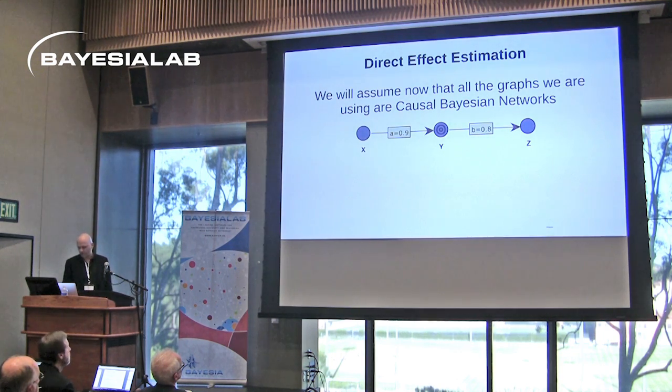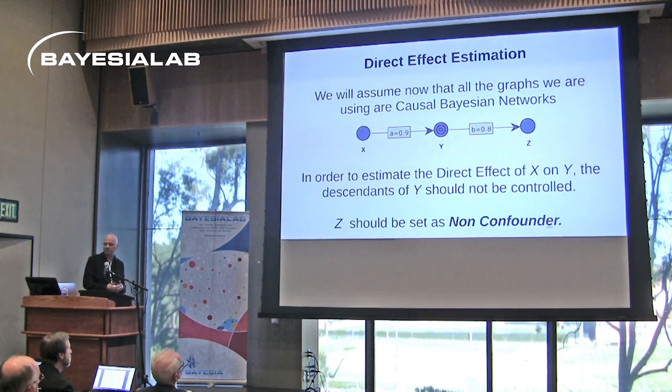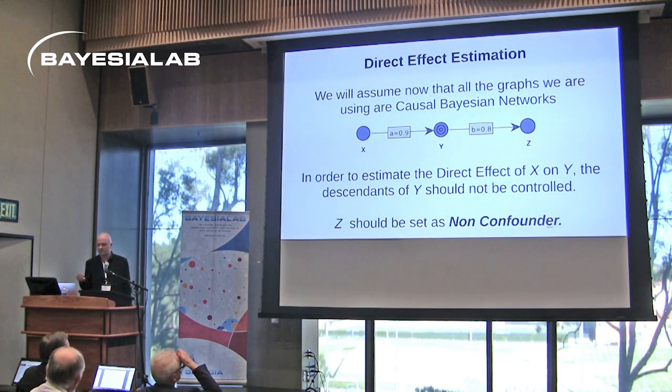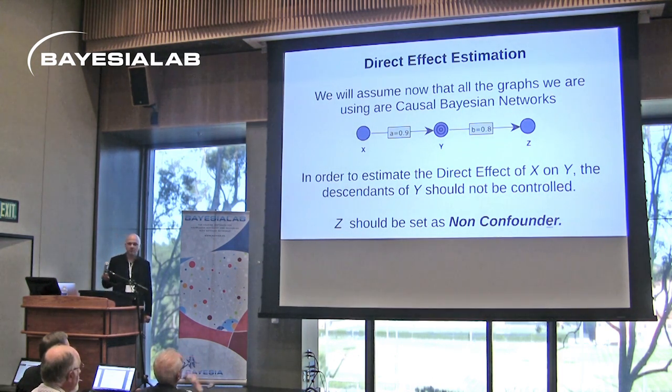In order to estimate the direct effect of x on y, we should not control the descendants of y. So if we condition on z, or if we control it, we will bias the estimation of the direct effect of x on y.